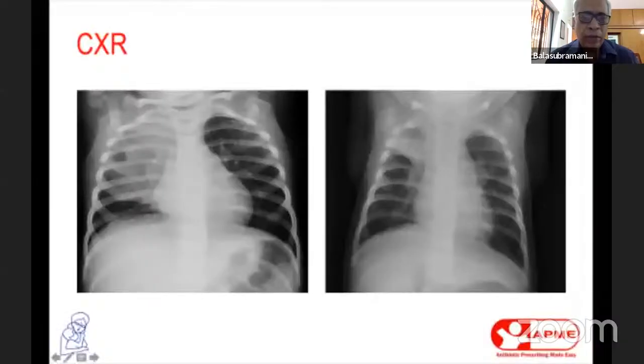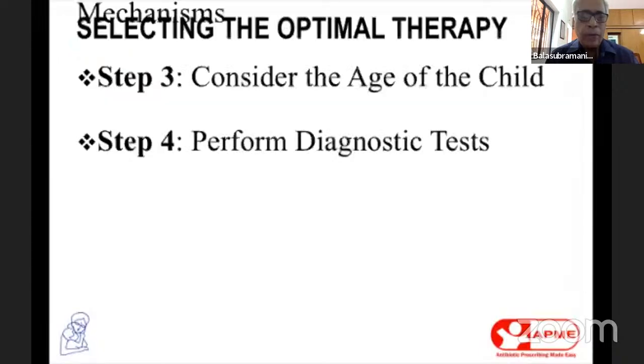Sir, are you sharing the screen? The slide is not visible, Bala sir. Okay, I now don't know. 1 minute. Now it came. Now it is visible, sir. 1 minute. I will share some other PowerPoint.